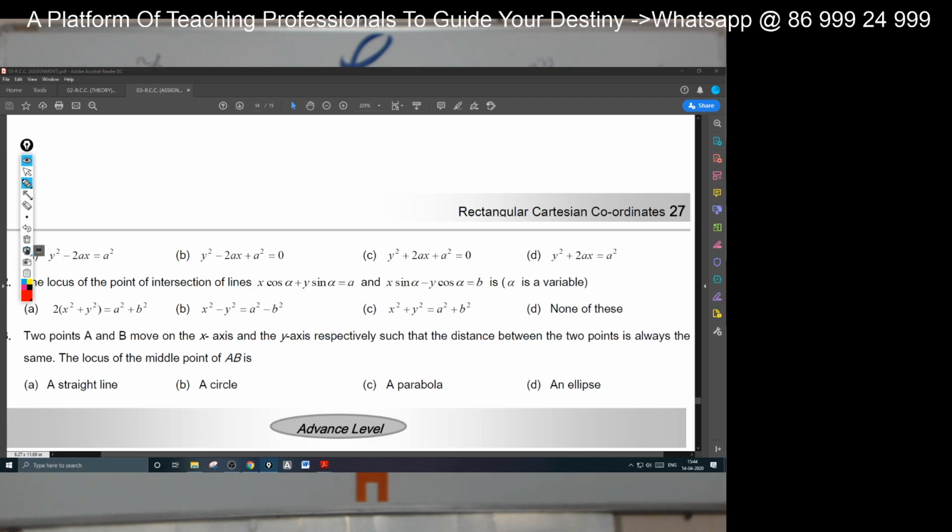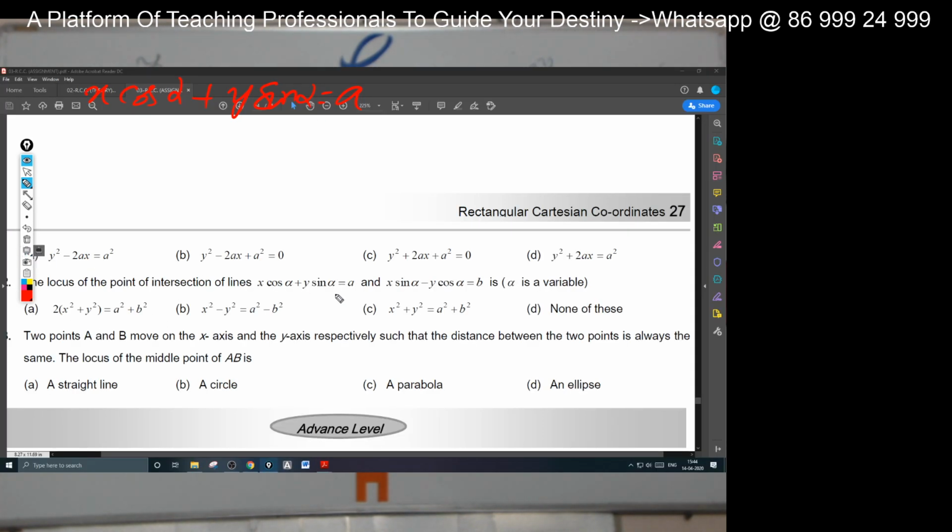So how to eliminate alpha here? Just see this. x cos alpha plus y sin alpha is equal to a. x sin alpha minus y cos alpha is equal to b.